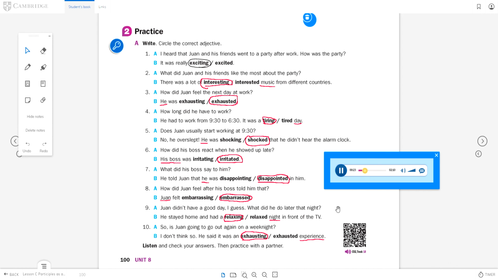There was a lot of interesting music from different countries. 3. How did Juan feel the next day at work? He was exhausted. 4. How long did he have to work? He had to work from 9:30 to 6:30. It was a tiring day.